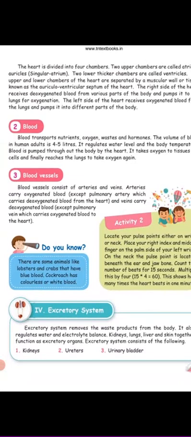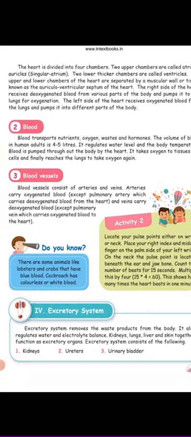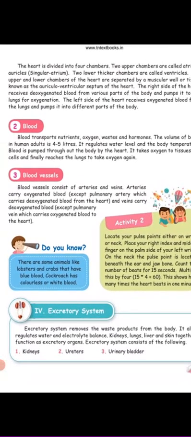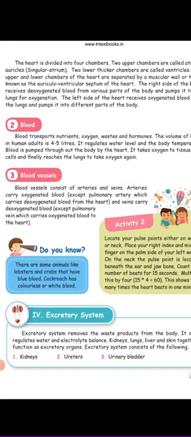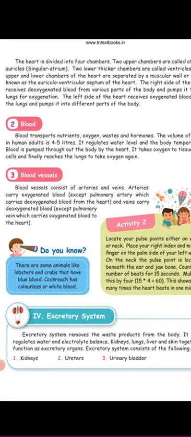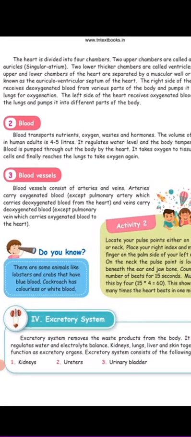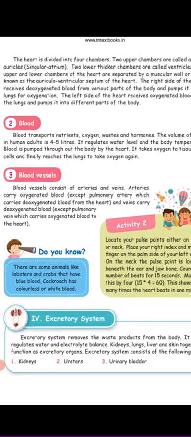Clear ma'am? So next is blood vessels. What are the things contained here? It consists of arteries, veins and capillaries. So what will the arteries be doing? They carry the oxygenated blood.